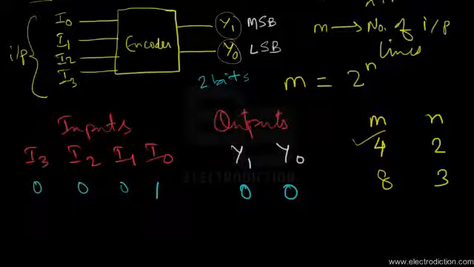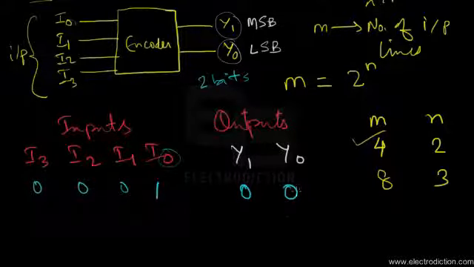Corresponding to the decimal notation of the input line which we had selected, that is I0, whose decimal notation is obviously 0, we can get a binary code output. So basically 0 in terms of decimal is represented as 00 in terms of 2-bit binary system.